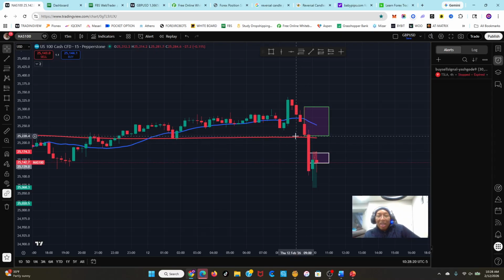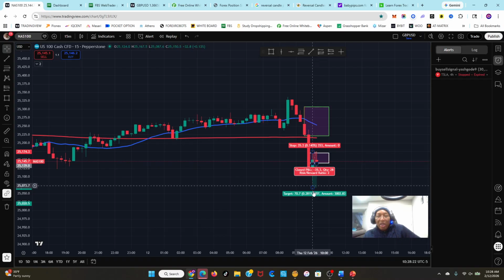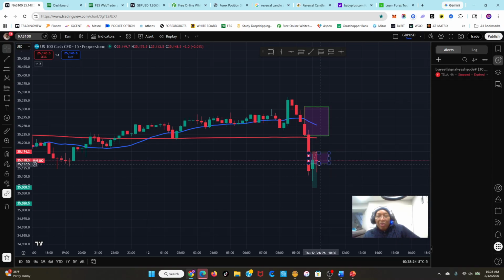Okay, and you can see it's now going down. It is forming a spinning top or a doji, indecision. It's now trying to come back from that event, and we are being treated to an indecision here. So these 15 minutes are going to be critical.